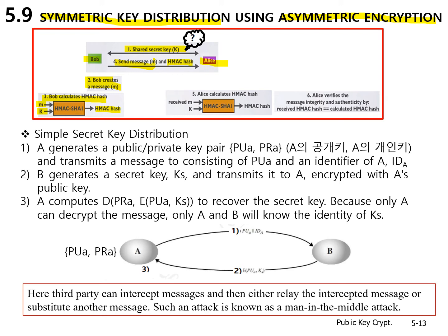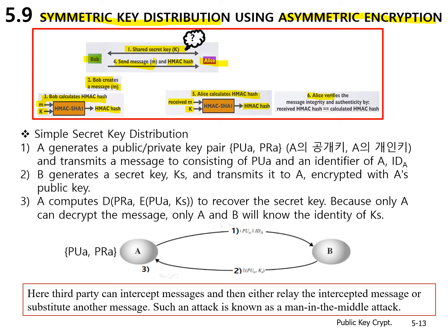When Alice receives this message, Alice calculates the HMAC hash from the received message and K. We assume Bob and Alice share the secret key K. And then this will generate an HMAC hash.